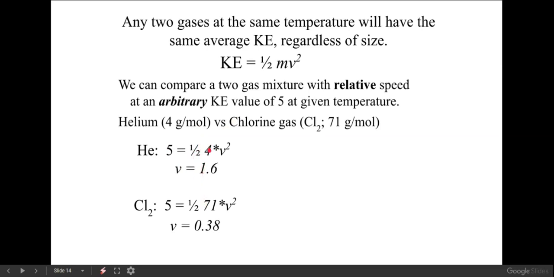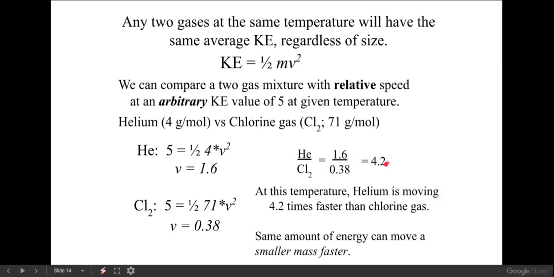And so if you put in their masses and calculate for velocity, you get these numbers. Now, these numbers don't really mean anything because I just made up this number 5 just to make the math easy. But if we take a ratio, we get this. And so what it's telling us is that at this temperature, helium is moving 4 times as fast as chlorine. And so that's what we should expect.